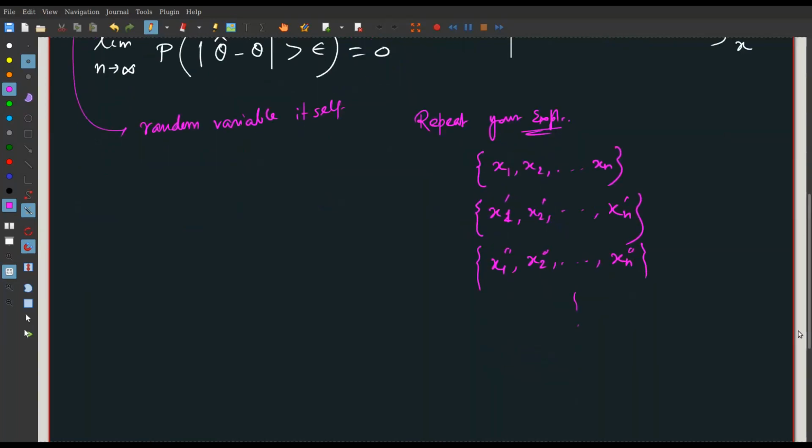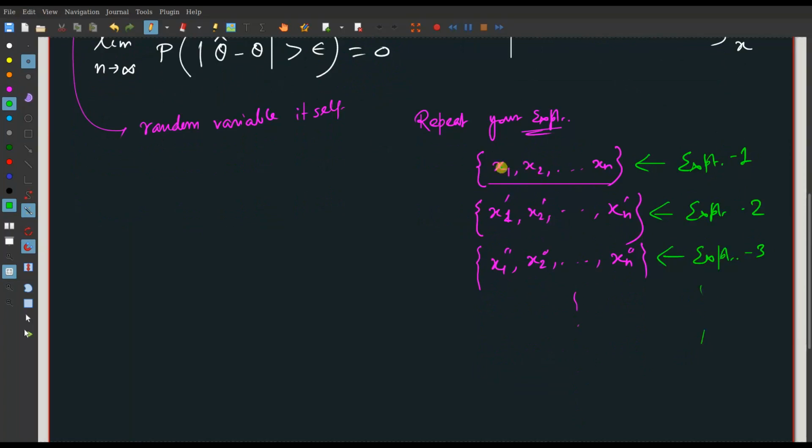This is experiment 1, this is experiment 2, this is experiment 3, and so on. You are repeating your experiment, and you are going to get different measured values.